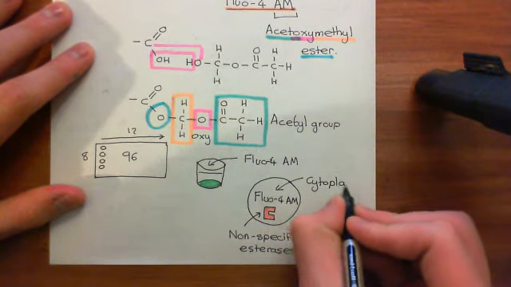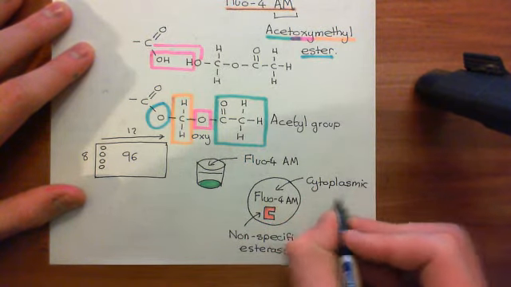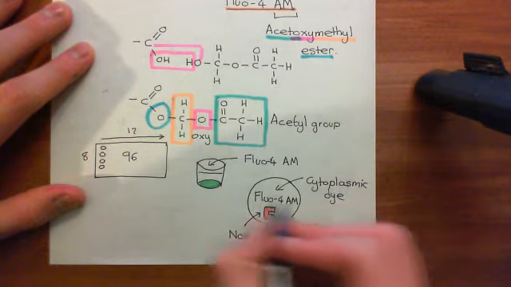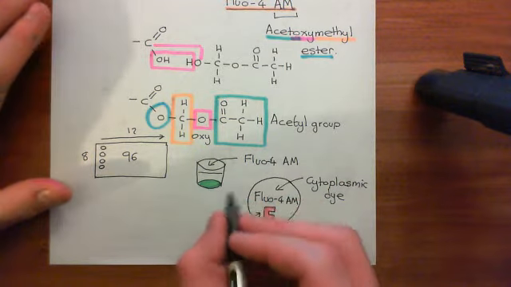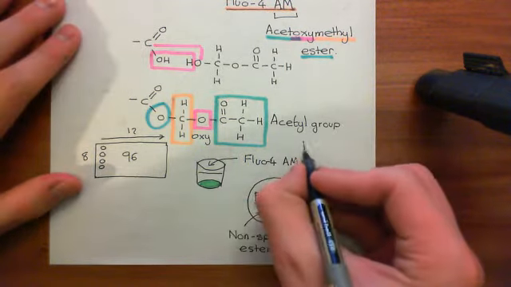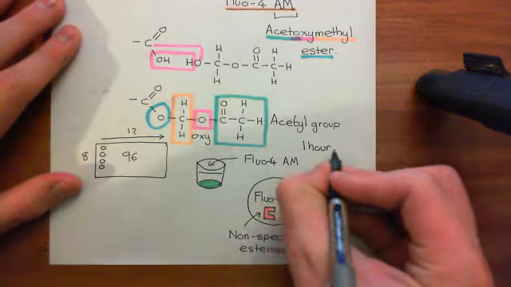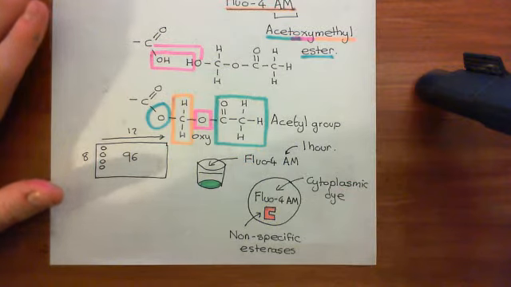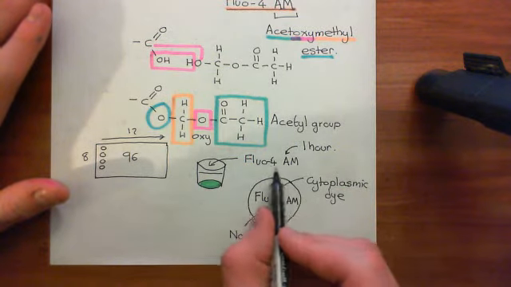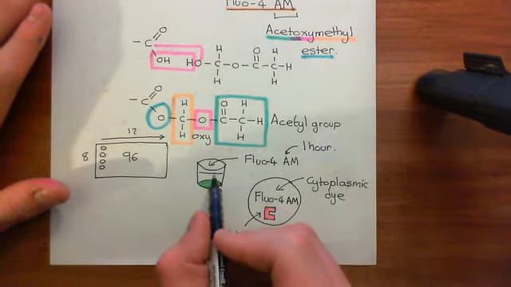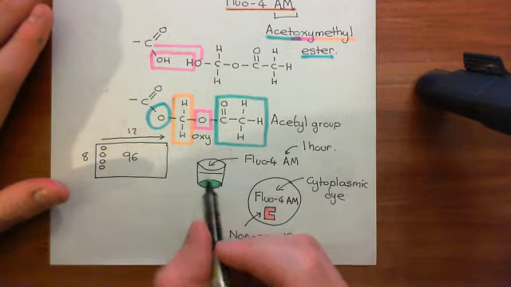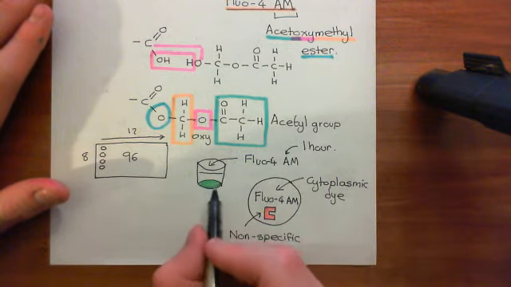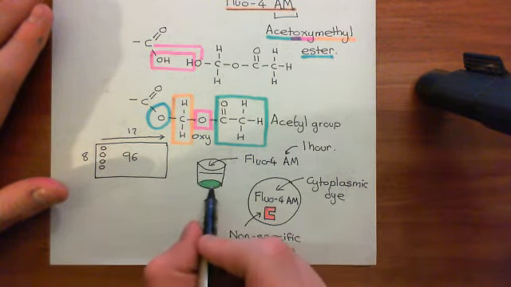Now as I say, you are going to incubate these cells with this solution containing Fluo-4 AM for generally around an hour. That's always the time that I've done this for. In that time, a good number of these Fluo-4 molecules are going to end up within the cells.